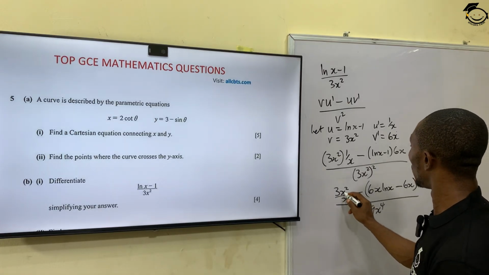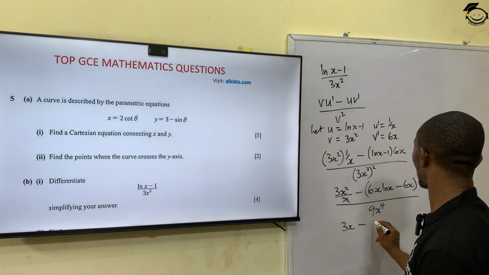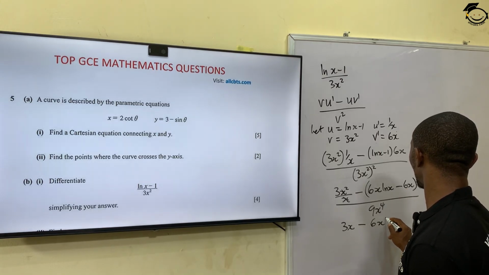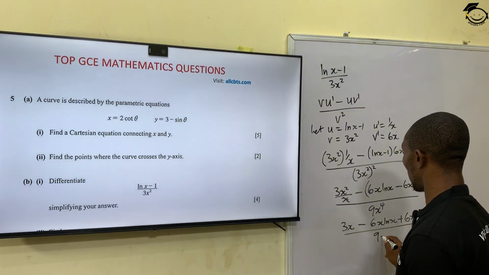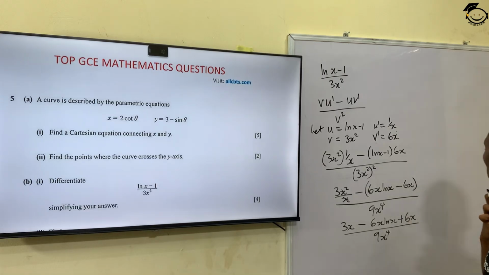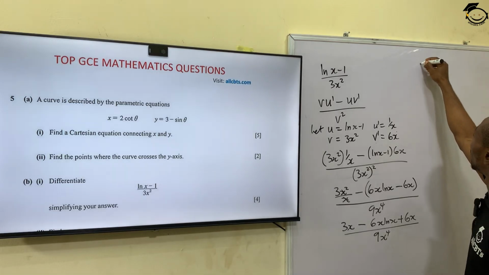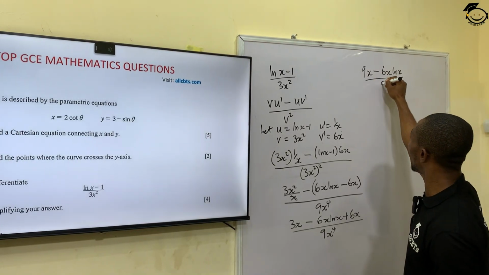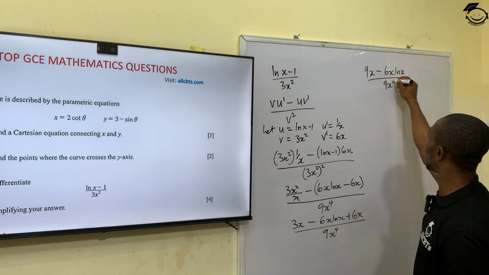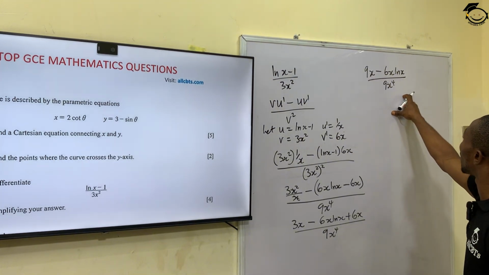Okay, now this will cancel one of these, leaving us with 3x minus 6x in x plus 6x, all over 9x raised to the power 4. Okay, now collecting our like terms here would give us 9x minus 6x in x, all over 9x raised to the power 4. From here we can still simplify this by collecting our like terms.